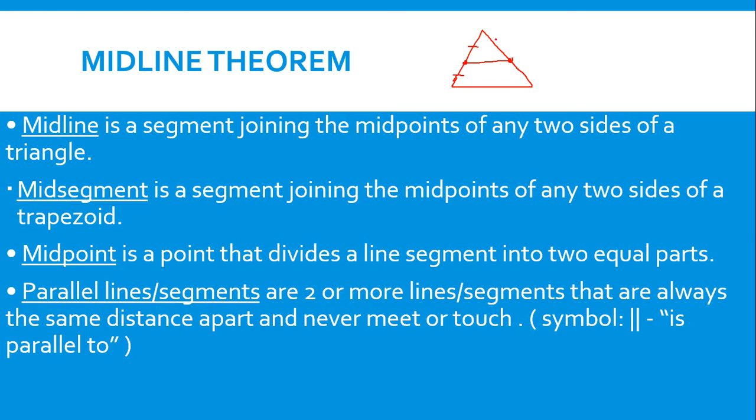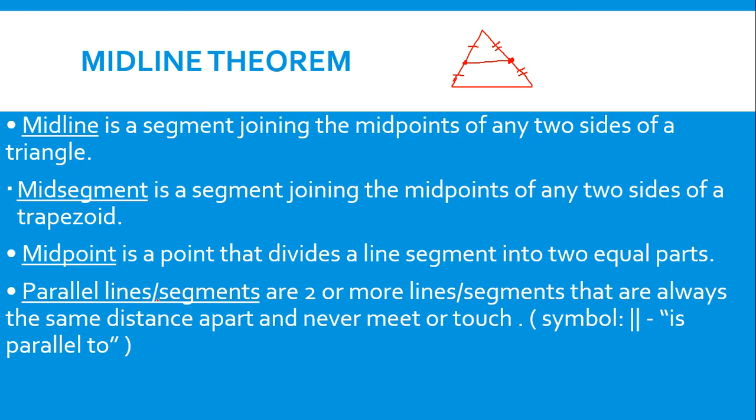And on the right side of the triangle, if the midpoint is created, it also divides the side of the triangle into two equal parts. Again, a midpoint is a point that divides a line segment into two equal parts. On the left side of the triangle, it divides into two equal parts. On the right side, it also divides into two equal parts.